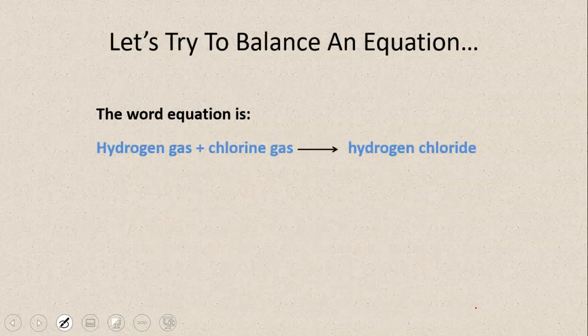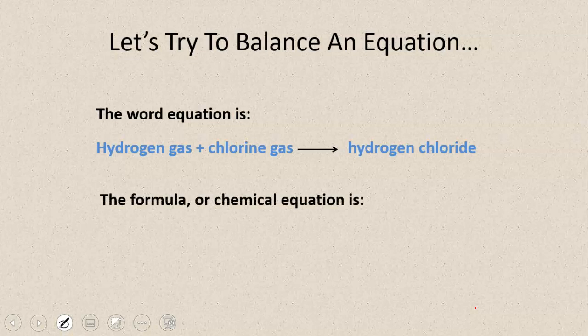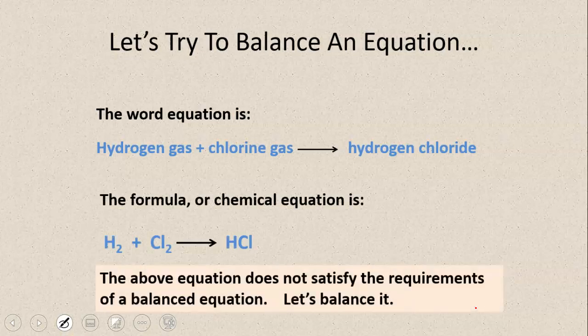All right, so let's take a look at trying to actually balance an equation ourselves. So we could write an equation in words. Hydrogen gas plus chlorine gas, or hydrogen gas reacting with chlorine gas, yields hydrogen chloride. That's all well and good, but it's a whole lot shorter to write it in its chemical equation form with formulas. So H2 reacts with Cl2, and this yields or produces HCl.